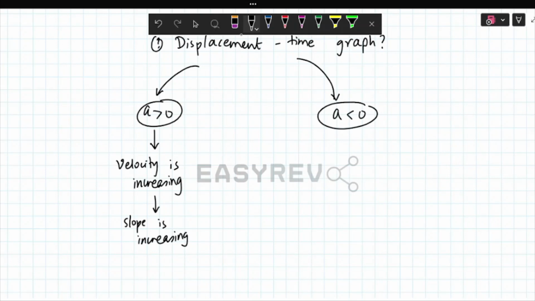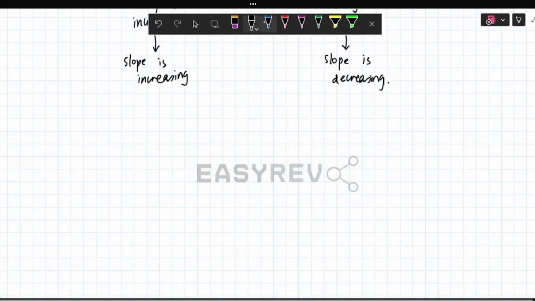Now let's see what things look like for deceleration, where we have negative acceleration. This is where the object is slowing down, meaning velocity is decreasing. Under that scenario, for a displacement time graph, the slope must be decreasing. Now immediately I bet it's easy to guess what kind of a graph line you could draw.